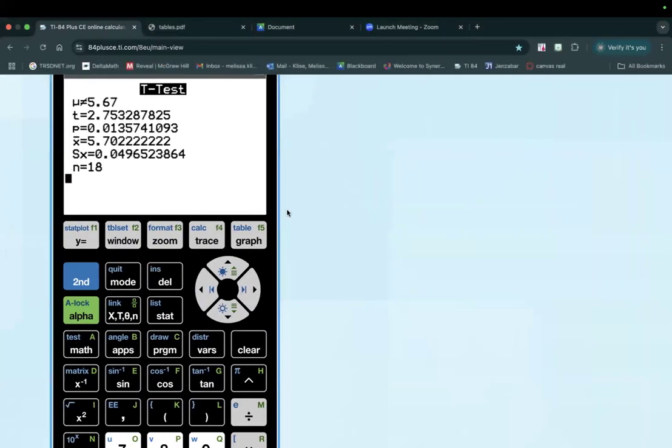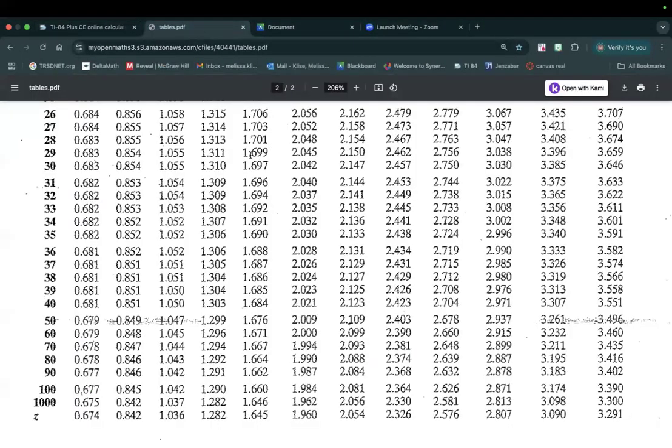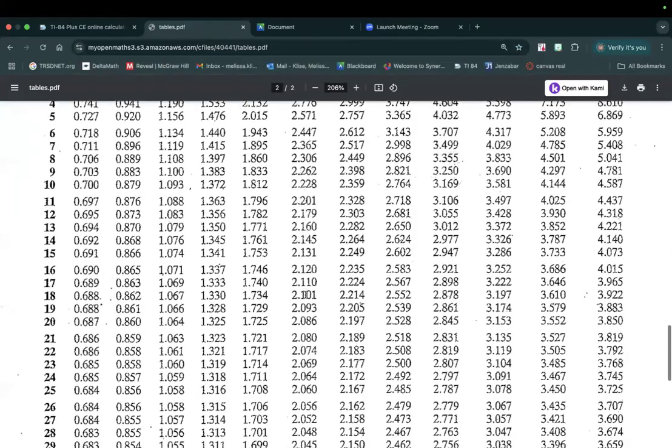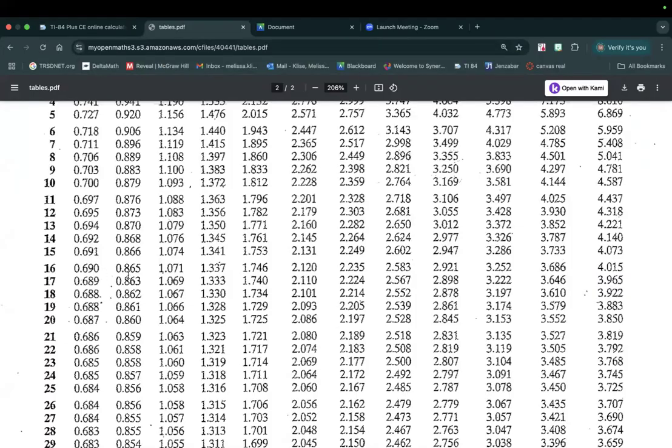So let's go back over here. 0.025 is this column, and I'm going to use 17. So it's right here. So my critical value is 2.110.